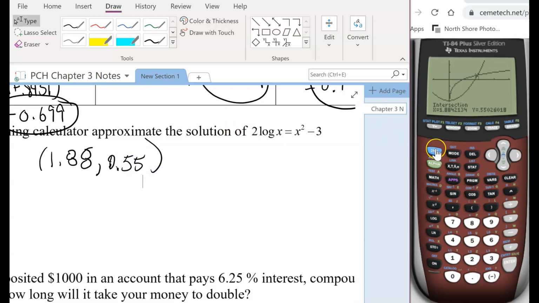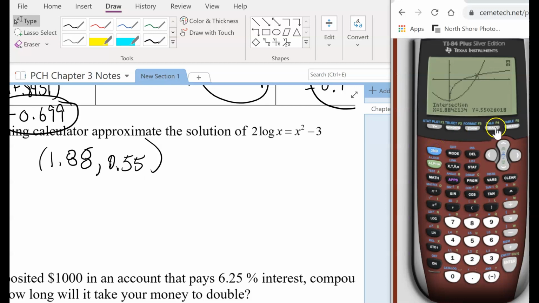So let's go ahead and do second calc again. And we want intersection, so number 5. And now let's scroll over by that other point here. So again, notice it says we're on Y1, so let's hit enter.